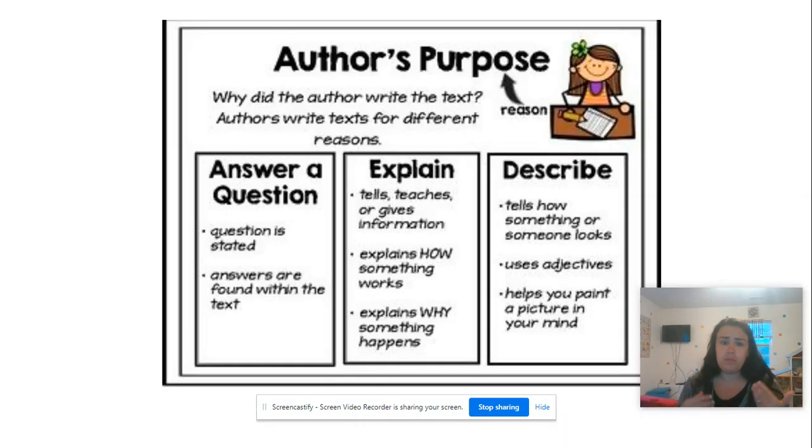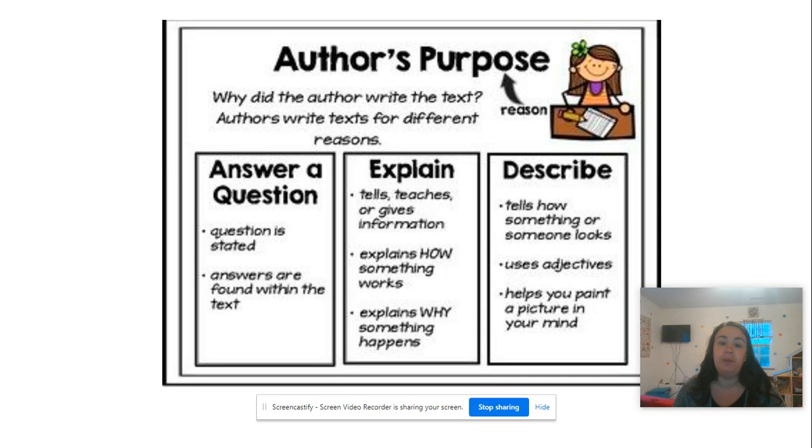So, for author's purpose, we want to know why the author wrote the story or the information. Sometimes they write to answer a question, sometimes they write to explain, or even to describe. To answer a question, usually you're going to find a question in the passage, and the answers are also going to be found in the passage.